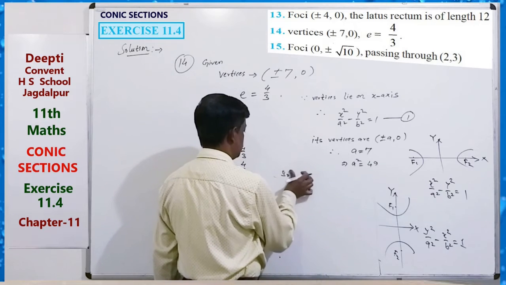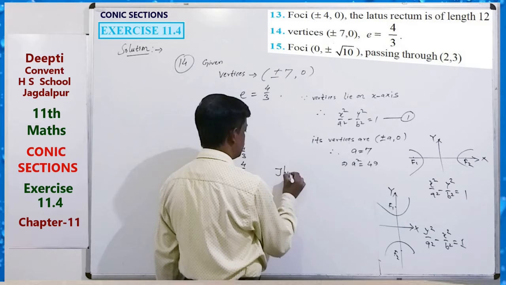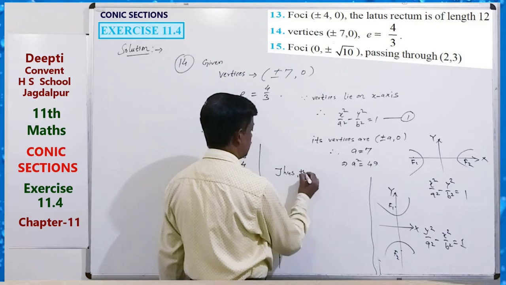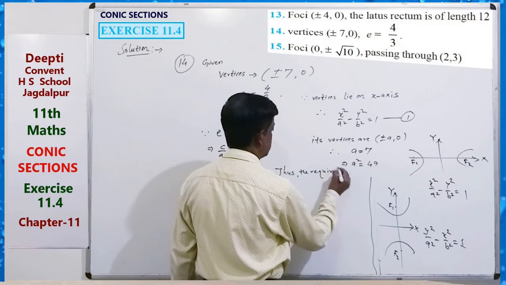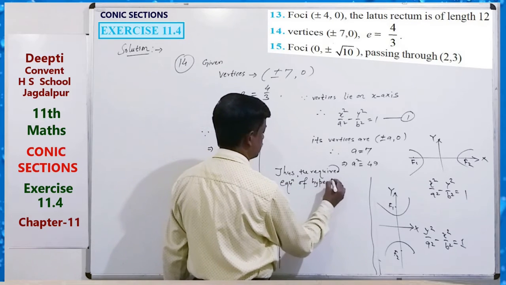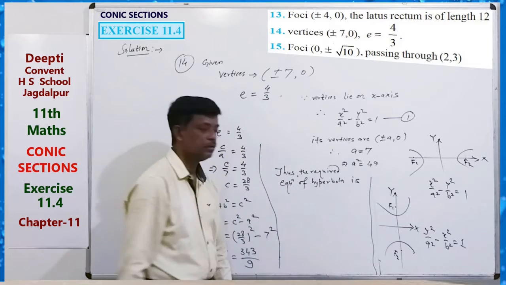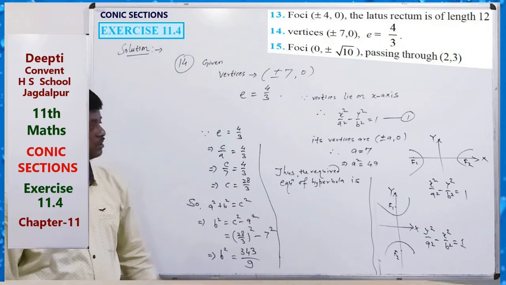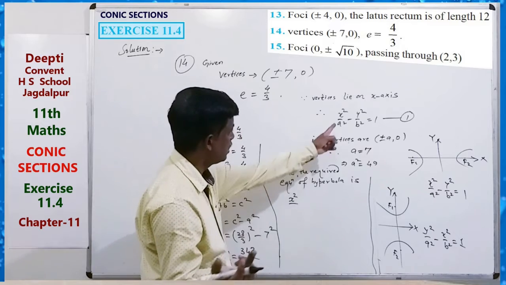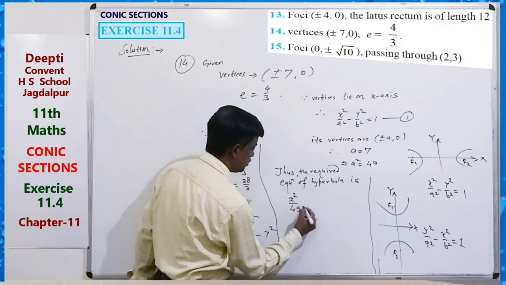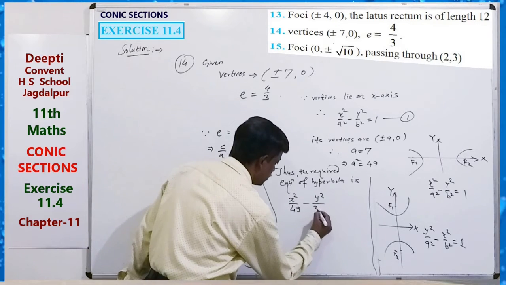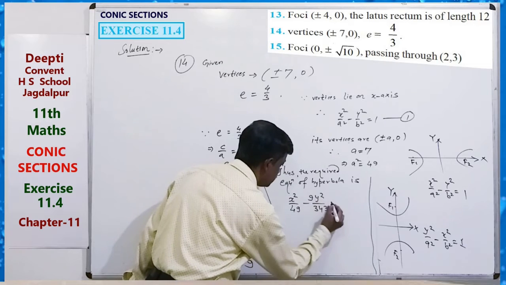So finally, thus the required equation of hyperbola is this: x square upon a square 49 minus y square upon b square 343 by 9. 343 by 9. 9 is going to here.